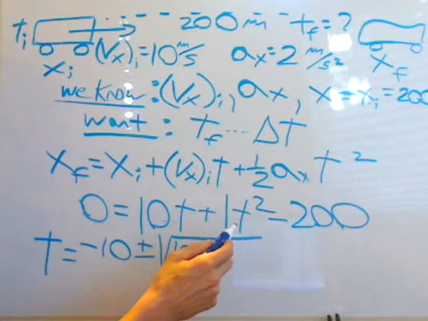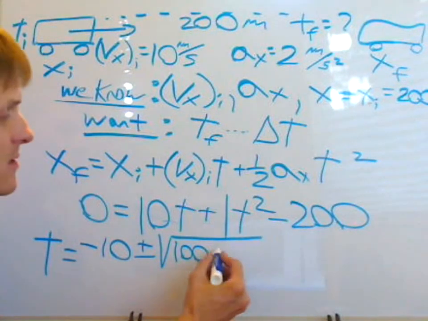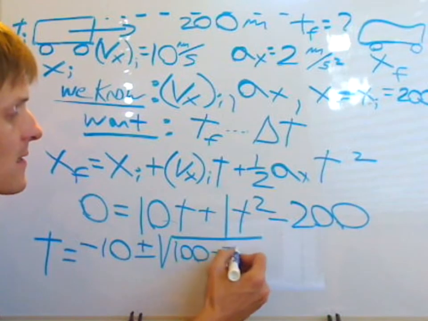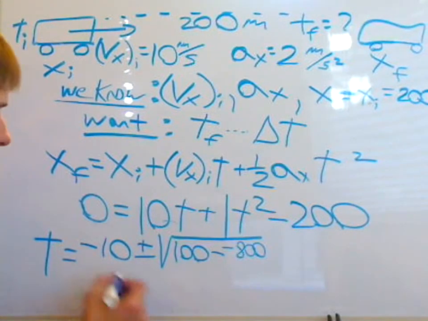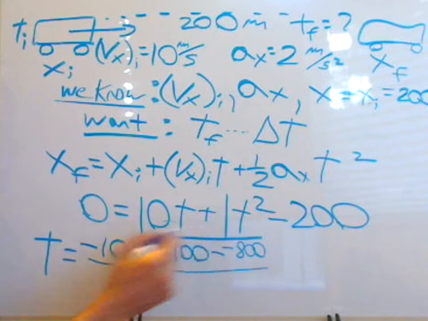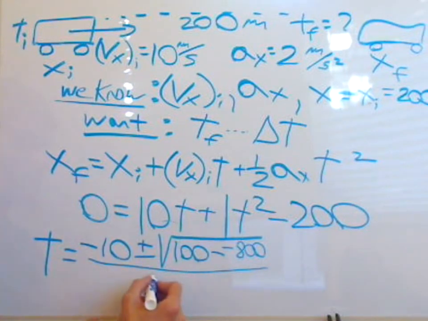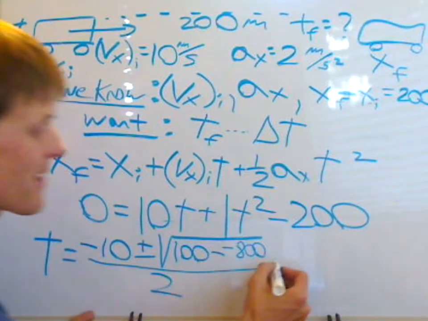So 4 times 1 times minus 200 is negative 800. So we get minus negative 800. And that's divided by 2 times A. A is 1, so 2 times 1 is 2. Okay, so we're almost there now. Negative 10 divided by 2 is minus 5.